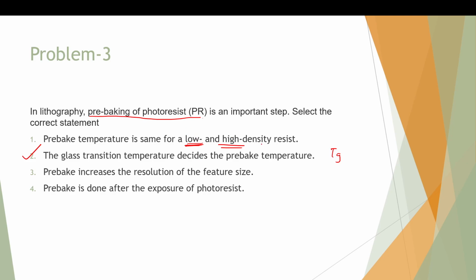However, the exact recipe is decided using the glass transition temperature. Pre-bake increases the resolution of the feature size? Not really. Pre-bake is done after the exposure of photoresist? Then it won't be pre-bake, that will be a post-exposure bake. So this is also not the case.